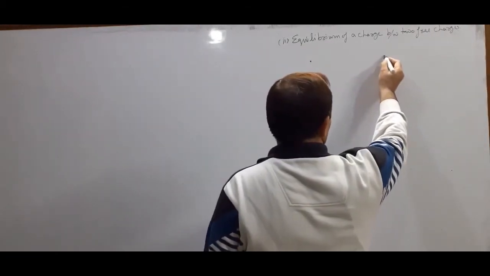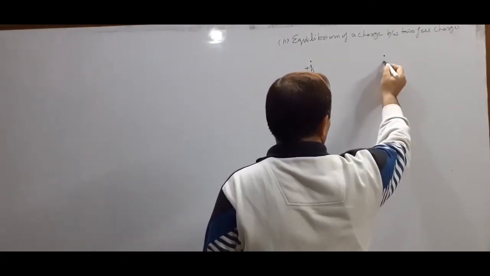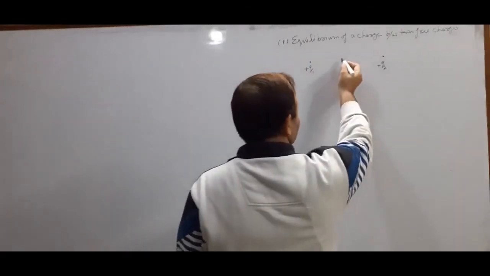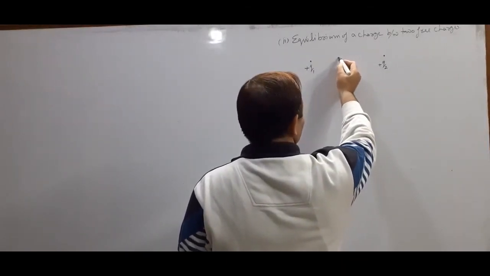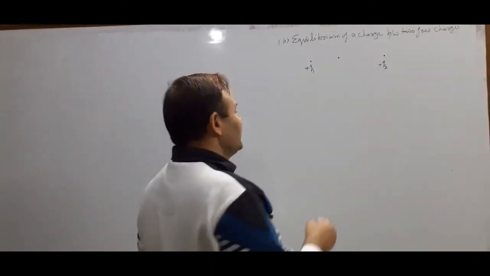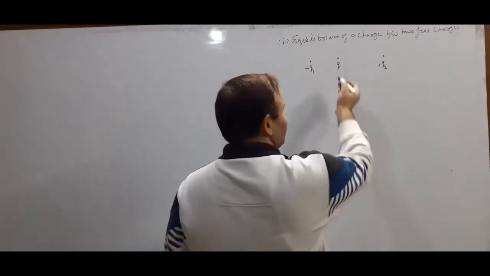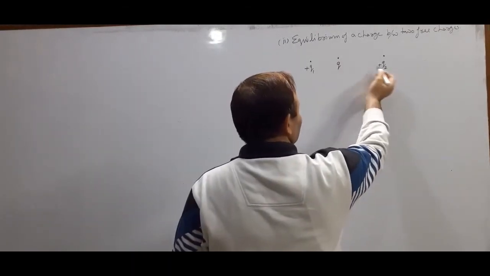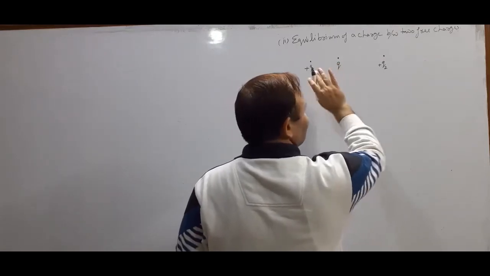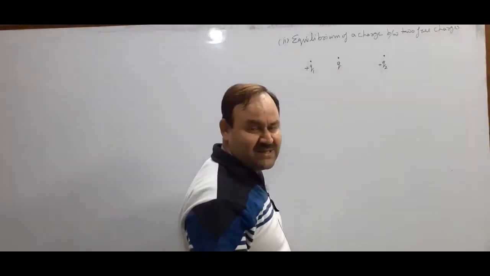Say these are the two free charges Q1 and Q2, and we have to consider the equilibrium of a third charge Q. If Q is also of same nature, then for Q, Q2 will exert a force towards Q1, Q1 will exert a force on Q towards Q2, so Q can be in equilibrium.